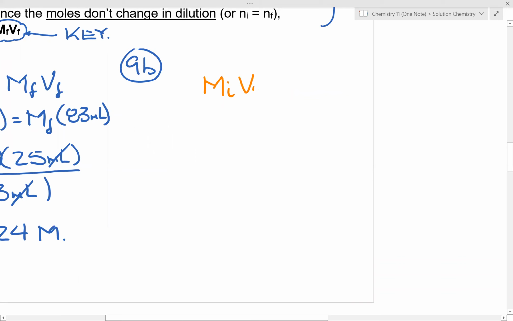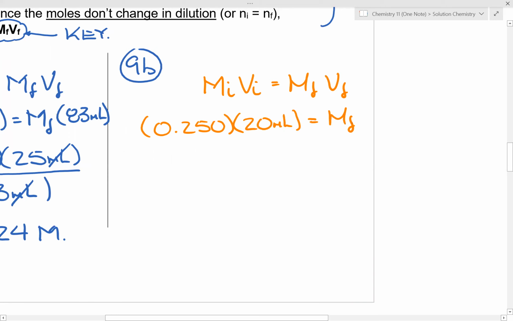So we have MiVi equals MfVf. The initial molarity is 0.250, the volume would be 20 mL, is equal to Mf and Vf. I know my final molarity, which is 0.100 molarity.